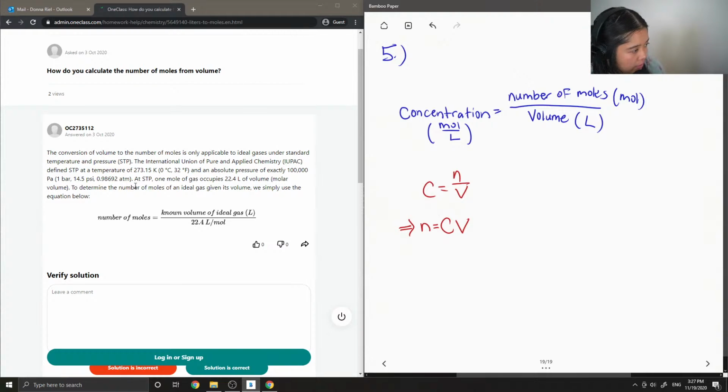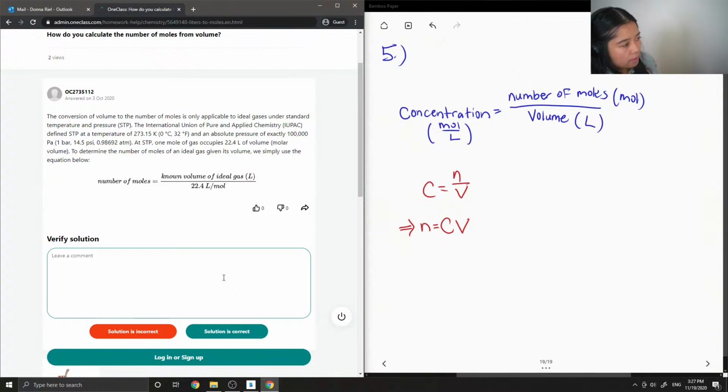At STP, 1 mole of gas occupies 22.4 liters of volume. To determine the number of moles of an ideal gas given its volume, we simply use the equation below. Okay, so this is what you would use for gases.